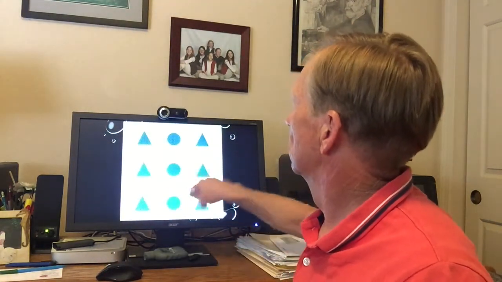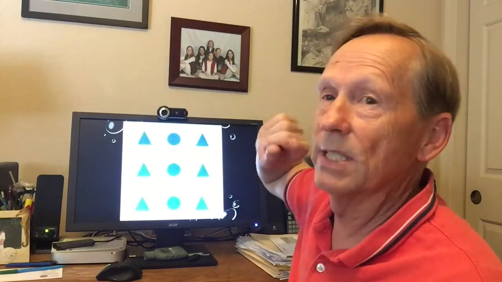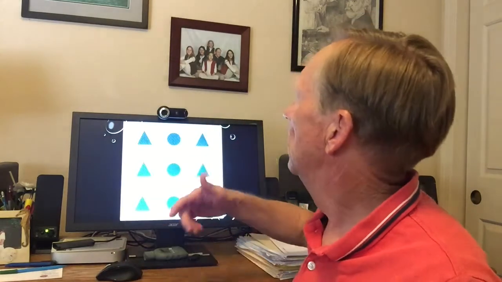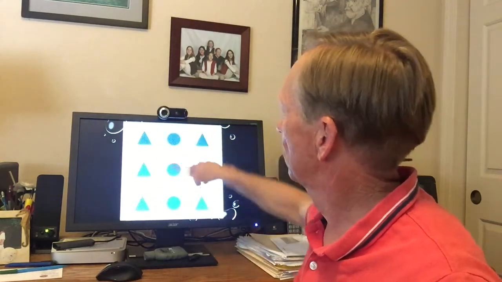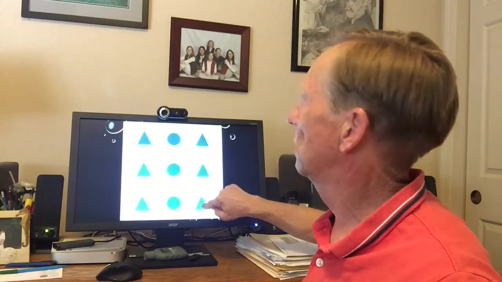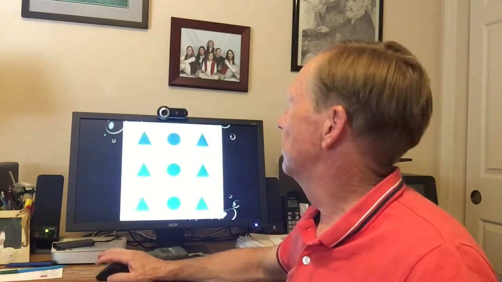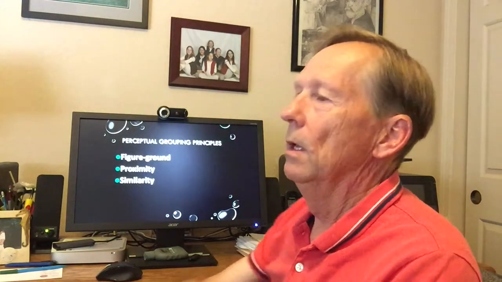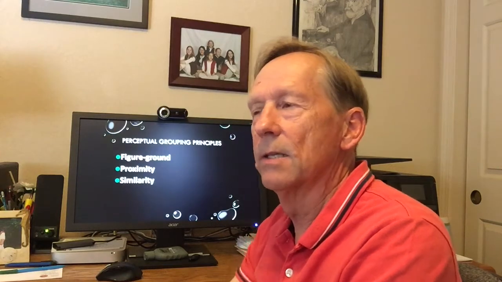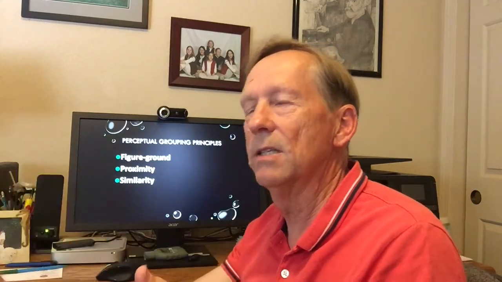This picture here shows triangles, circles, and triangles, and the principle of similarity says that we're most likely to see this, or organize this in our mind, in terms of columns of similar items. So a column of triangles and a column of circles and a column of triangles. This principle of similarity suggests that one of the reasons for racism and sexism is that we have a natural tendency to group people in our minds according to the way that they look.